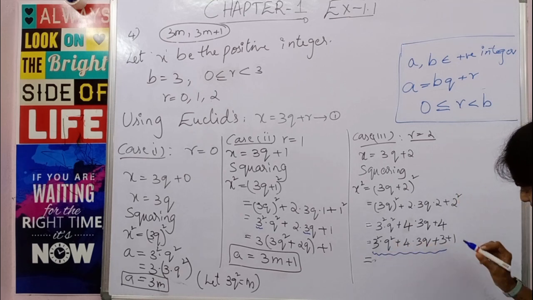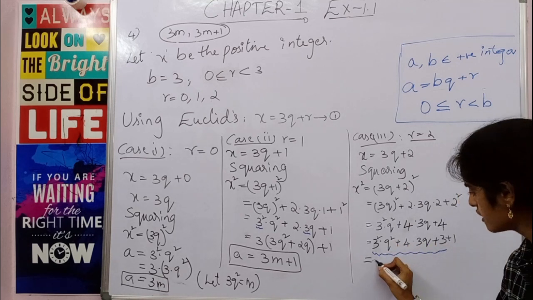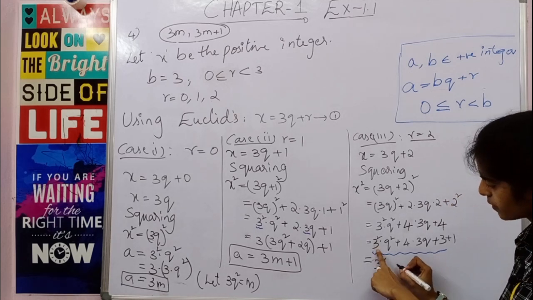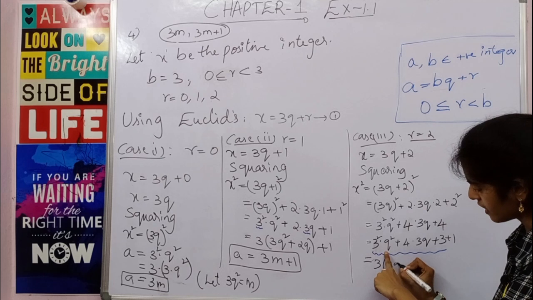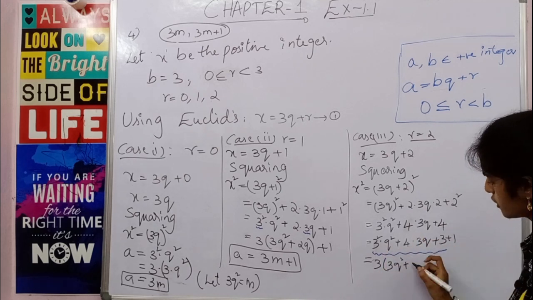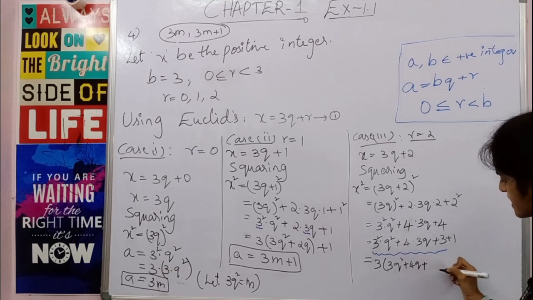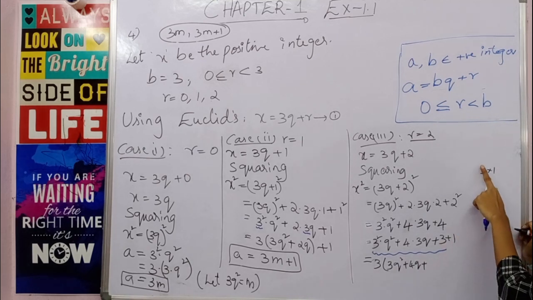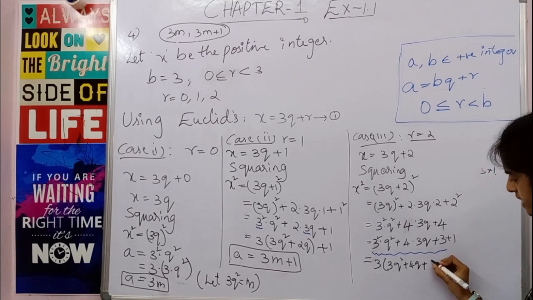So from all these 3 terms, okay, these 3 terms I can take 3 as common. So if you take 3 as common, here 3 square, out of 3 square if you take 3 common you are left out with 3 and you have q square. Plus if you take 3 common you are left out with 4q. Okay, plus here if you take 3 common, 3 is nothing but 3 into 1. If you are taking 3 common you are left out with 1.